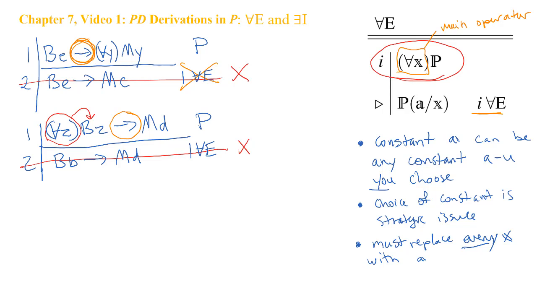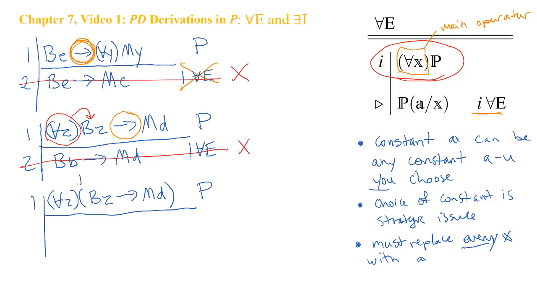Finally, let's look at a similar looking situation, which actually is a correct application. First, note here the presence of these parentheses, which extends the scope of the universal over the whole conditional, which means the universal is the main operator of line 1 as required by the rule.